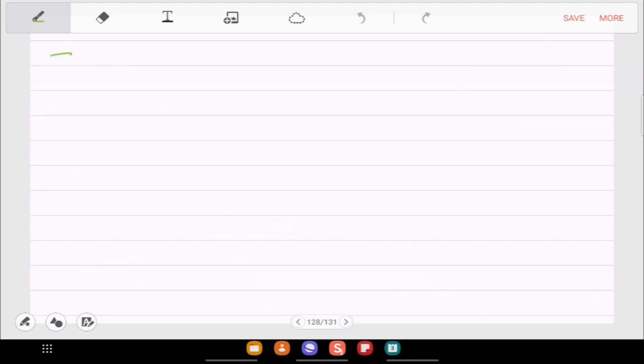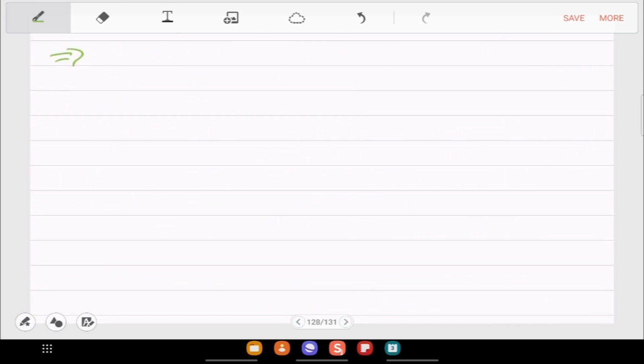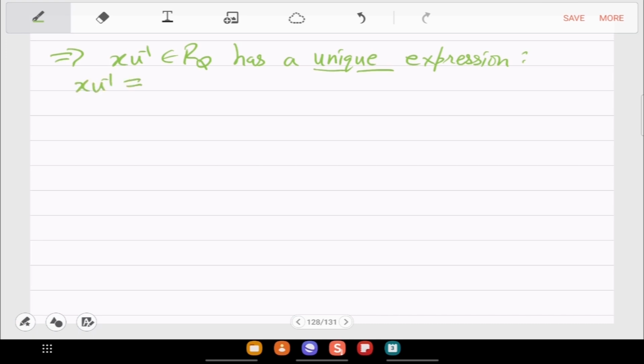Okay, so this means what we have just shown in blue. This means that x u inverse has a unique expression in the basis, up to the maximal ideal.